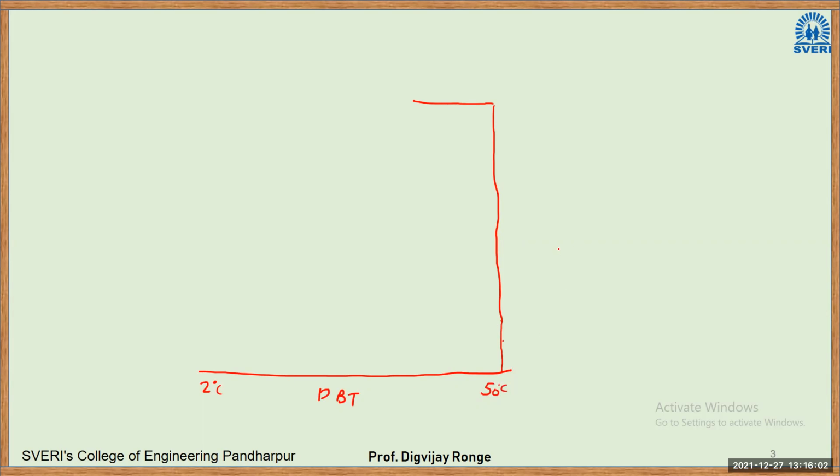Here on y-axis or ordinate, we have specific humidity, which can go from 0.0001 to 0.03. So here it will be kilogram per kg of dry air, right?